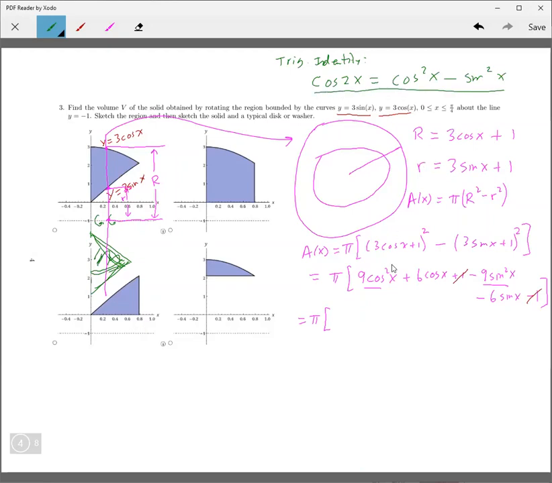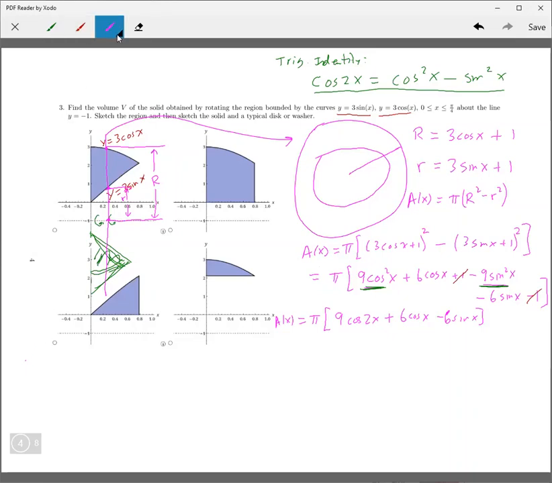So that means that this minus that is 9 cosine 2x. Okay, so great, we got all that good stuff there, and that's our area, A of x.